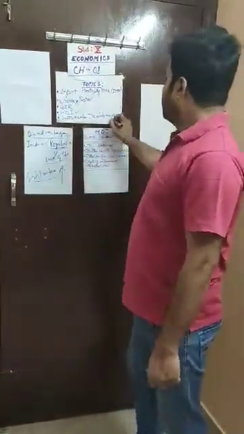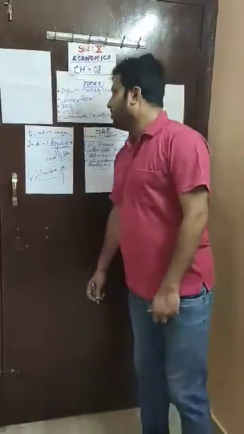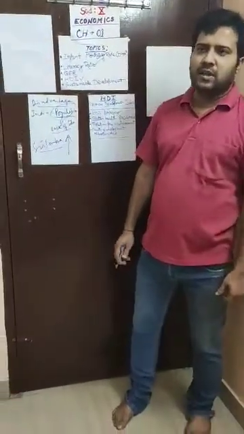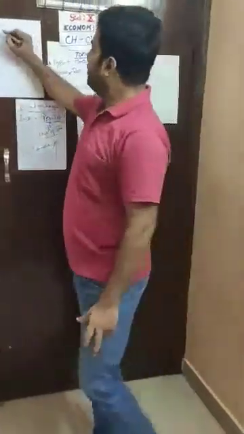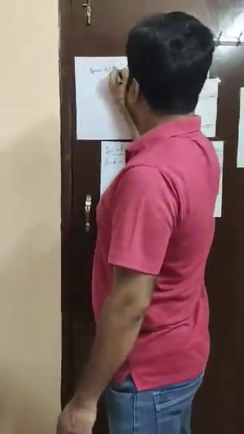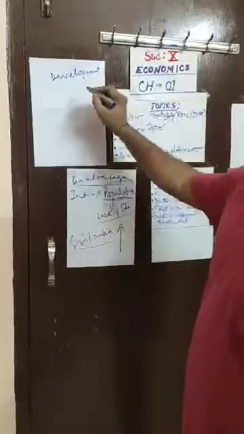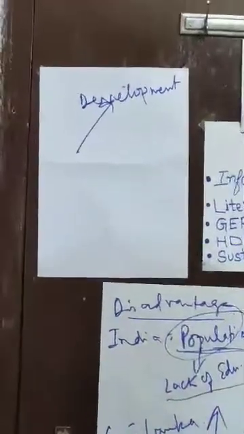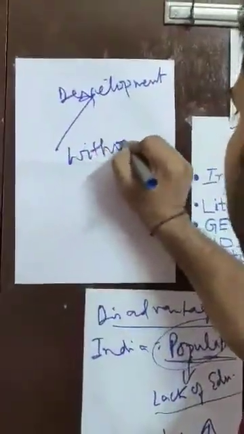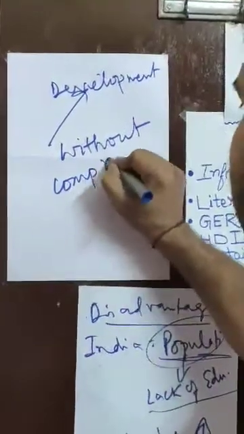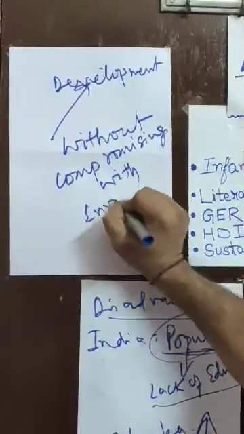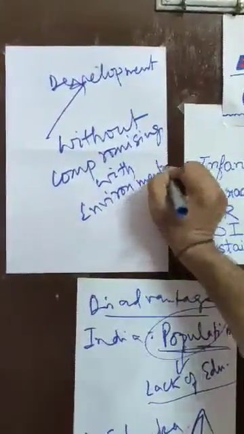Now we will discuss this last point, sustainable development. Now I think you are very familiar with this point, sustainable development. What is the sustainable development? Sustainable development means that development can be achieved, but without compromising with environment.